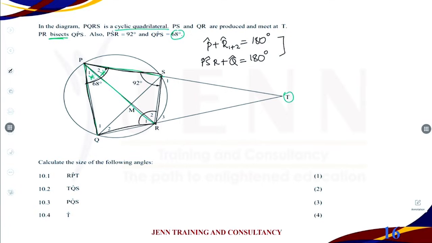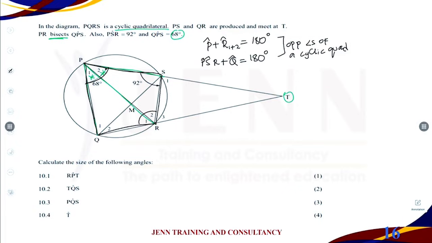Remember, these are your opposite angles of a cyclic quad. So it doesn't matter whether the diagram given is complex or not. If you use this technique, you will never go wrong.